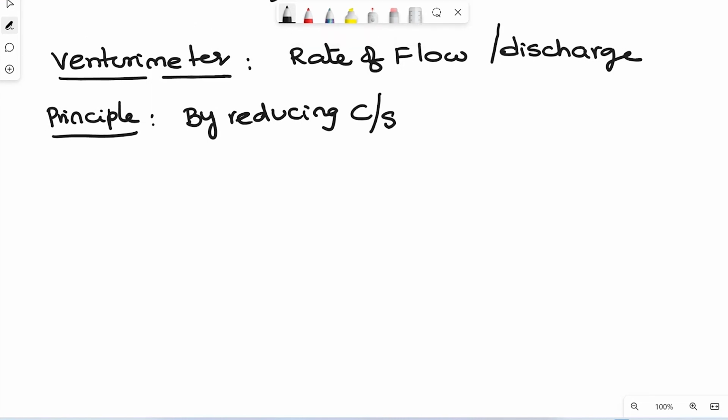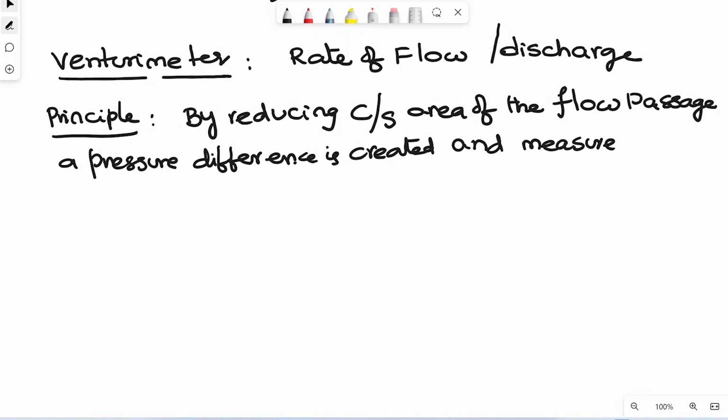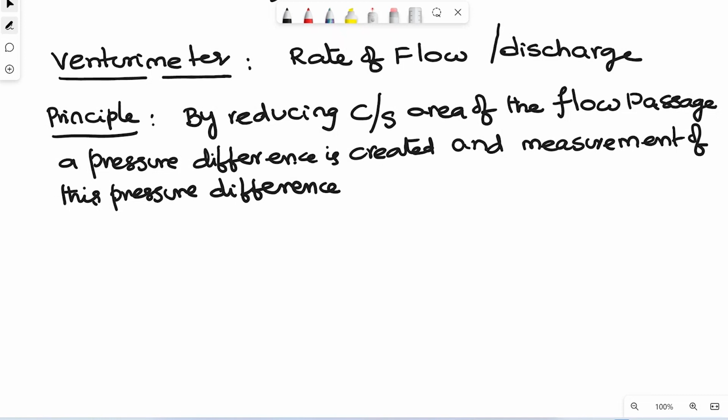By reducing the cross sectional area of the flow passage, a pressure difference is created, and measurement of this pressure difference enables determination of discharge.